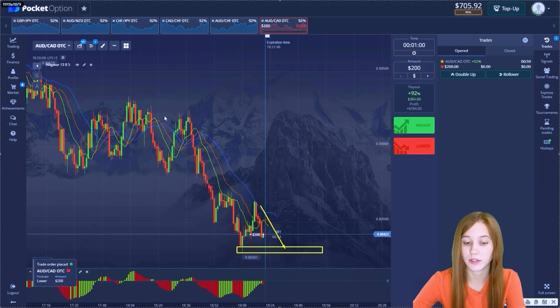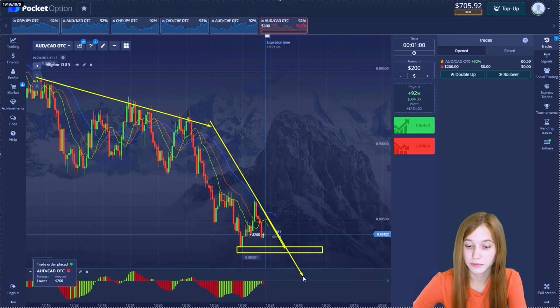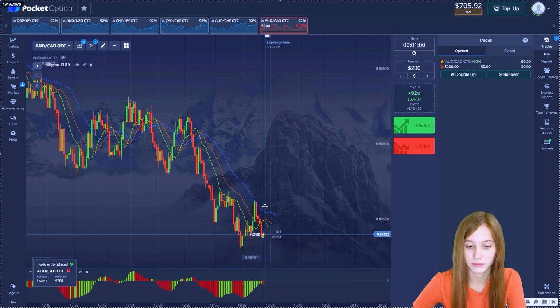We also see by alligator, 3 lines are downward.